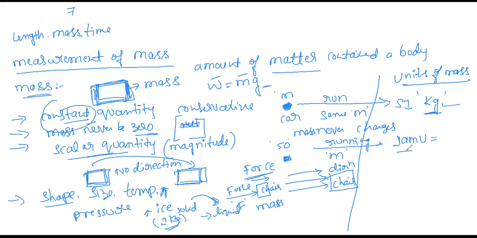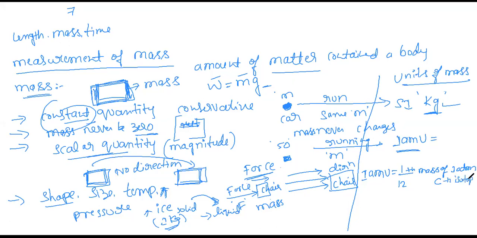We use one unit, the atomic mass unit, which is 1/12th of the mass of one atom of the carbon-12 isotope.